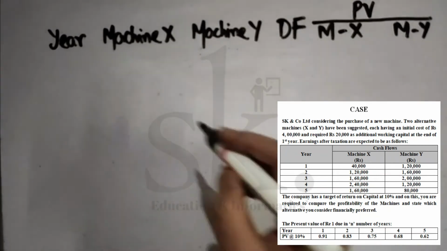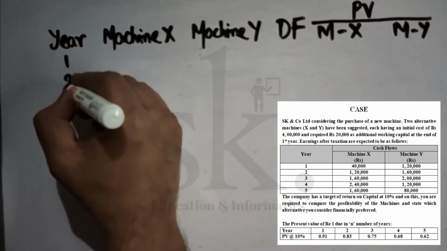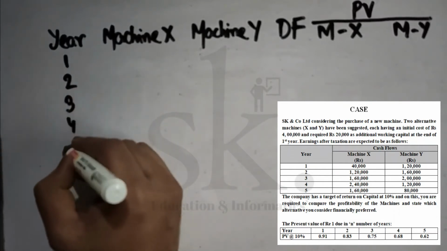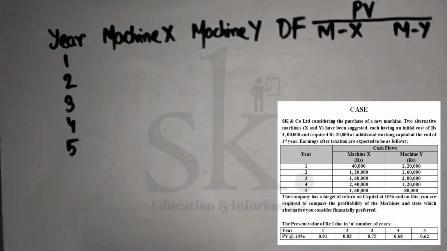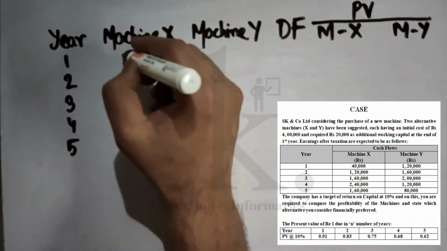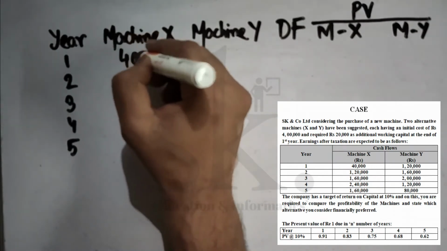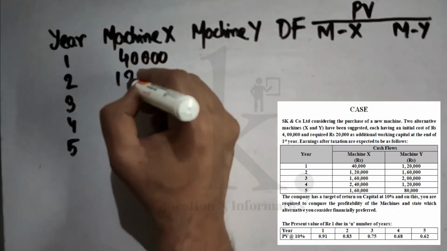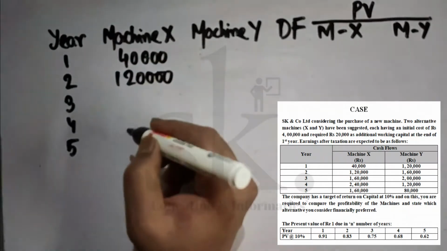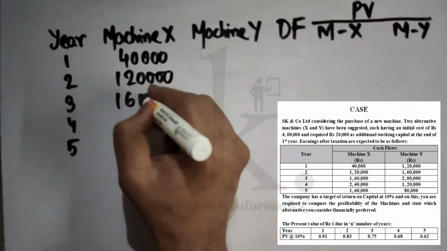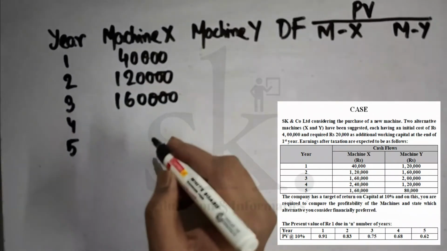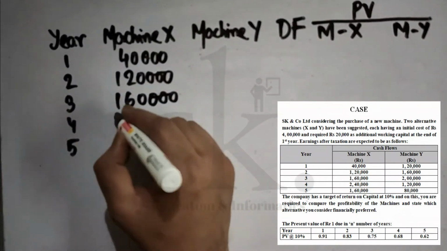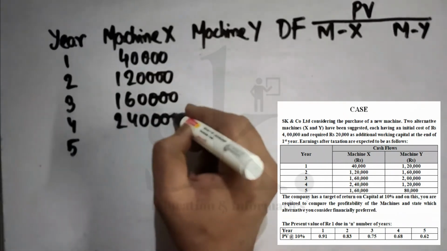The information given is year 1, 2, 3, 4 and 5. We look to see whether a scrap value has been given or not. There is no information on scrap value, so we can continue. For machine X, after the first year it's 40,000, then 1,20,000, then 1,60,000. The fourth year and fifth year are 2,40,000 and 1,60,000 respectively.